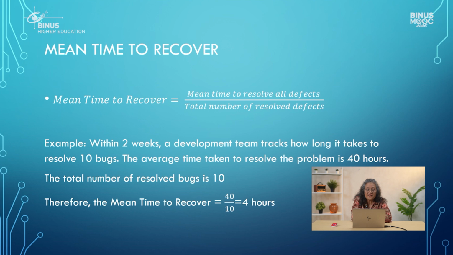So the mean time to recover is 40 over 10, which is 4 hours. That means the average time the development team takes to fix an error is 4 hours. Then you should have a threshold defining which is good and which is not so good.